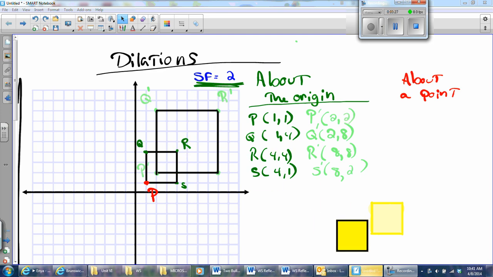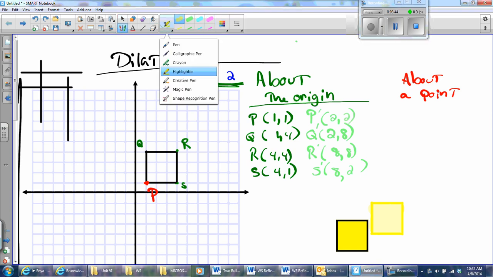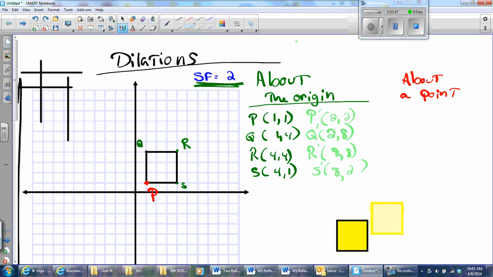Okay, now there is another type of dilation, and that's when we do it about a point. In this case, I'm going to do it about point P, and that's the red point P. That's why it's in red when everything else is in green. And when I do that, point P doesn't move. It's 3 units this way, and the scale factor is 2, so it becomes 6 units. 1, 2, 3, 4, 5, 6.